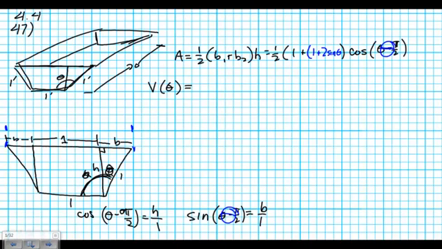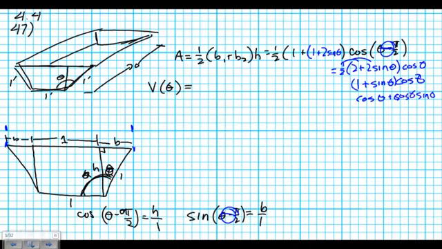All right, so let's see if we can clean this up a little bit. This is 1/2 of 2 plus 2 sine theta times cosine theta. If I multiply that through, these two terms, I get 1 plus sine theta times cosine theta, times the height cosine theta, which is cosine theta plus cosine theta sine theta.